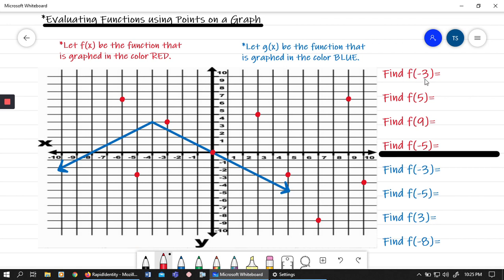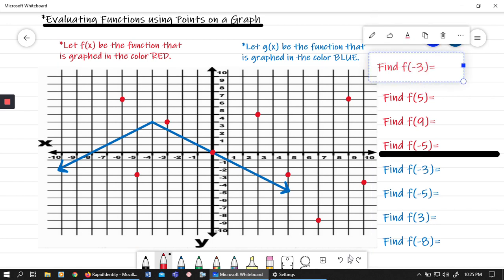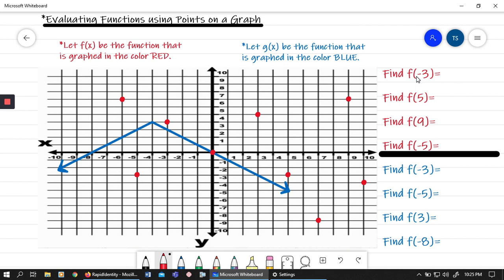So when we're looking at this one here, and I'm just going to click on that, you can see I've clicked on it. f of -3: again, it is asking you to find the function value, or the y value when x equals -3.